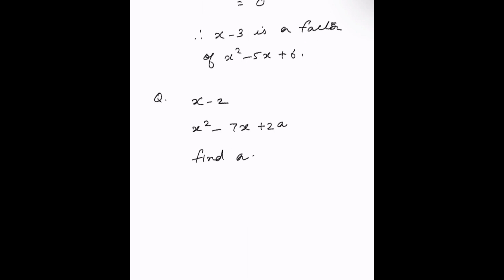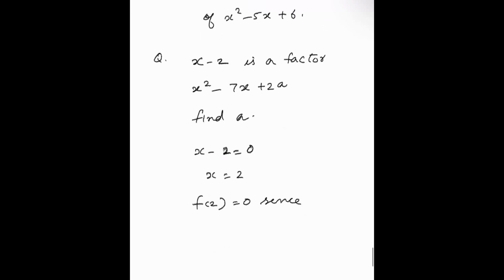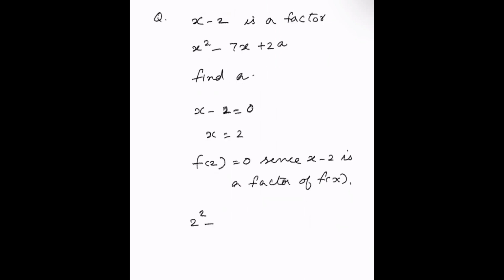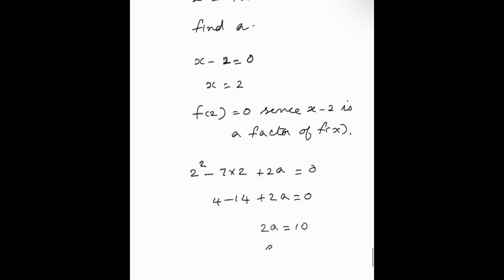When x minus 2 is a factor, that means f of 2 is going to be 0. So 2 square minus 7 into 2 plus 2a equal to 0. So 4 minus 14 plus 2a equal to 0, and 2a equal to 10, a equal to 5.